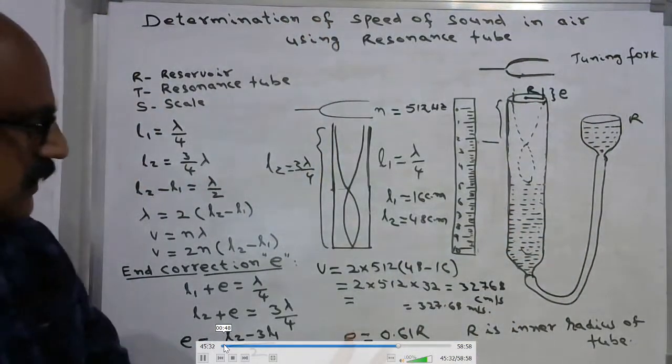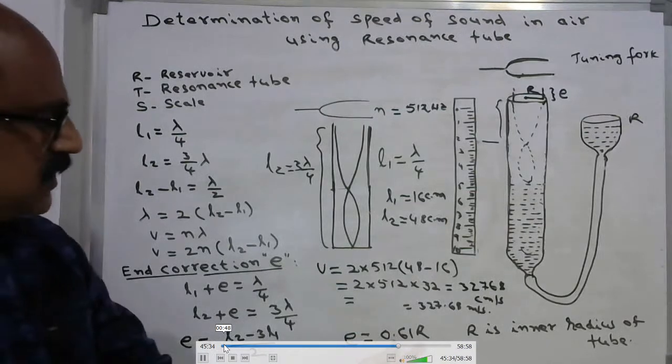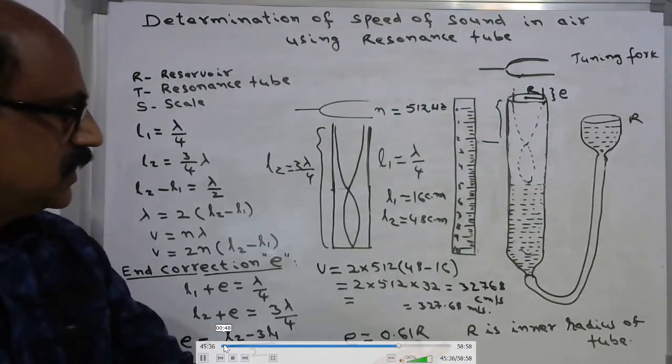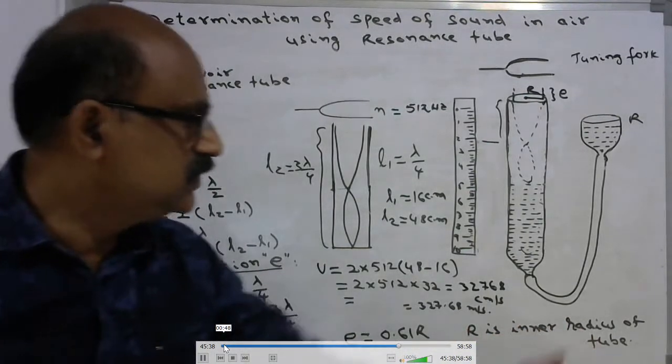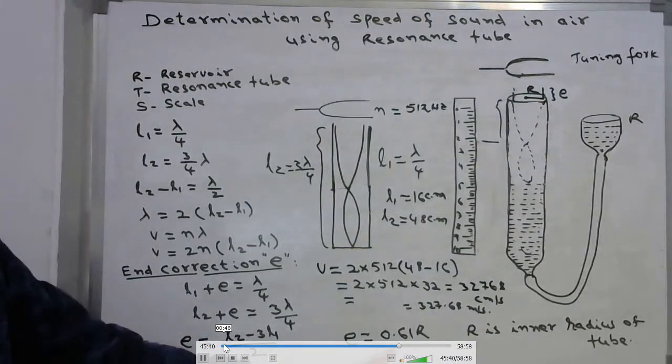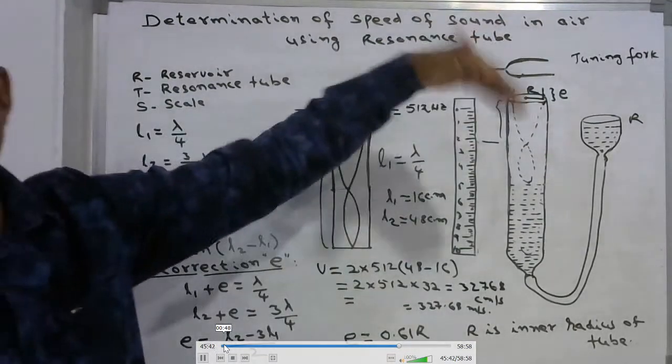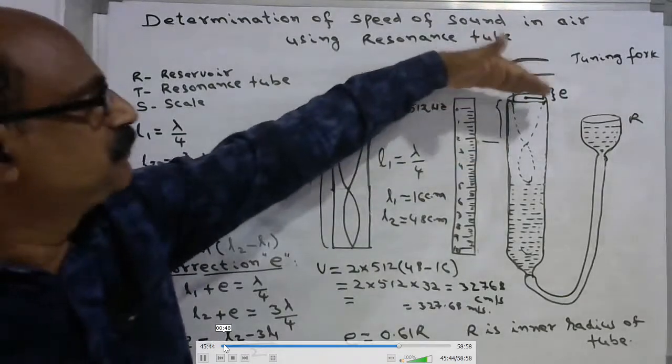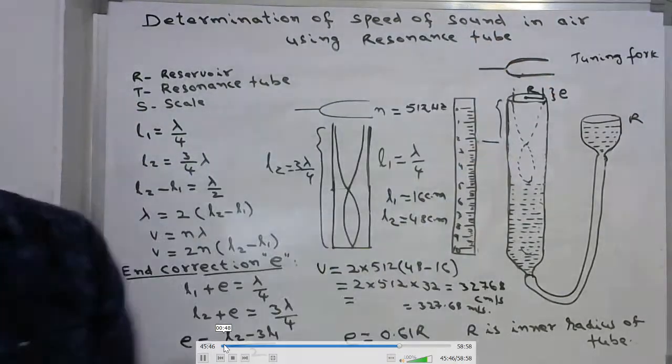So the end correction is equal to 0.61 times the radius, the inner radius of the tube. This is for this open end. This is the end correction in case of a closed pipe.